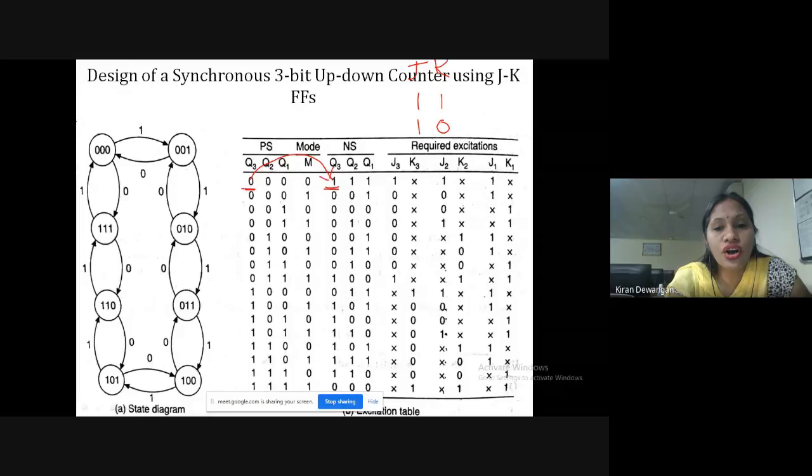This one is 0 and this one is 1. तो इधर टॉगल का केस आएगा, when J and K are 1 and 1, or else when J is 1 and K is 0.